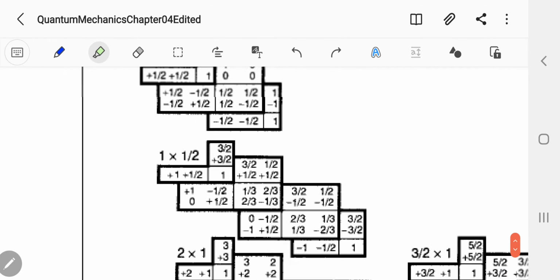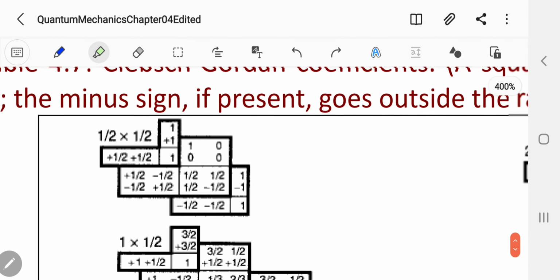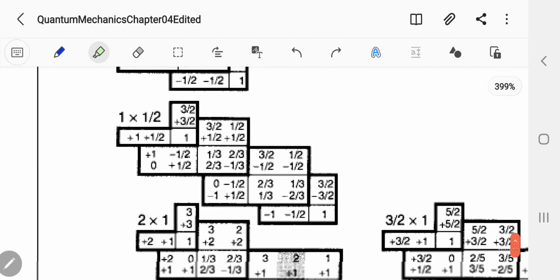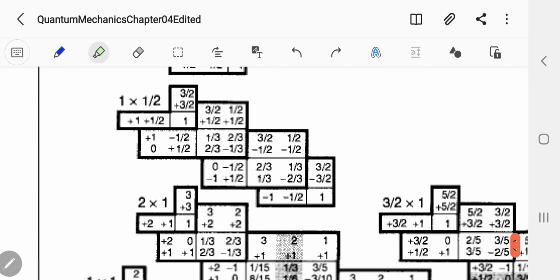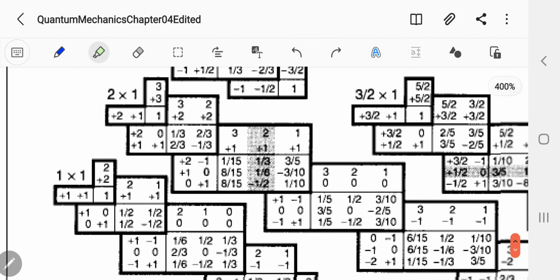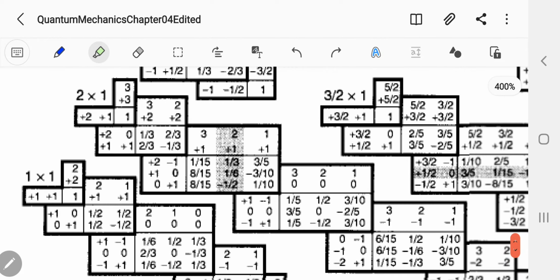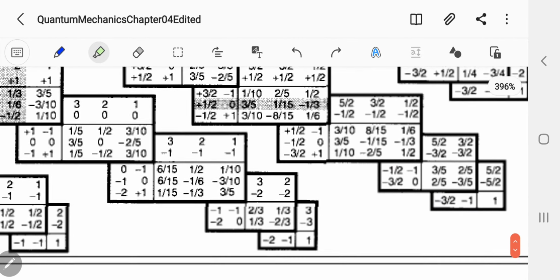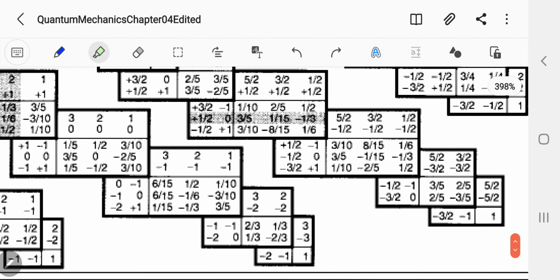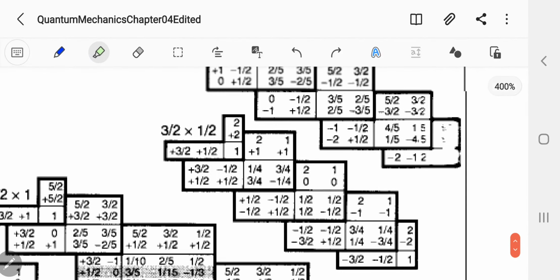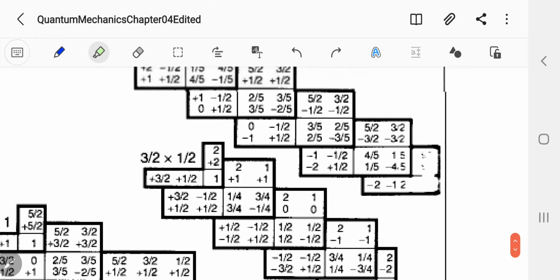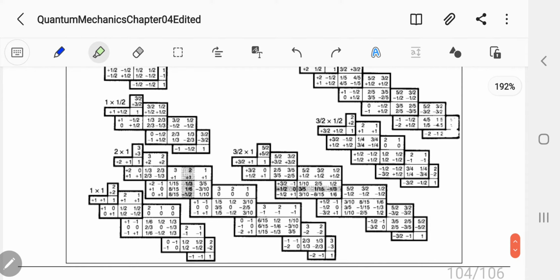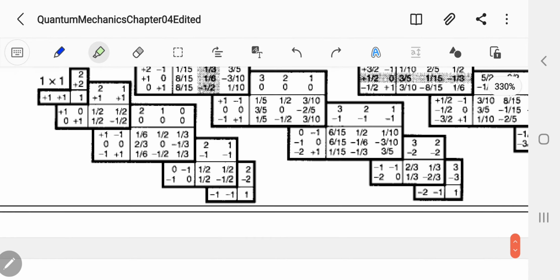If you can see this, I'll enlarge each of these sets and then you can screenshot and reconstruct this. We also have this one, and this one, and we also have this one here.